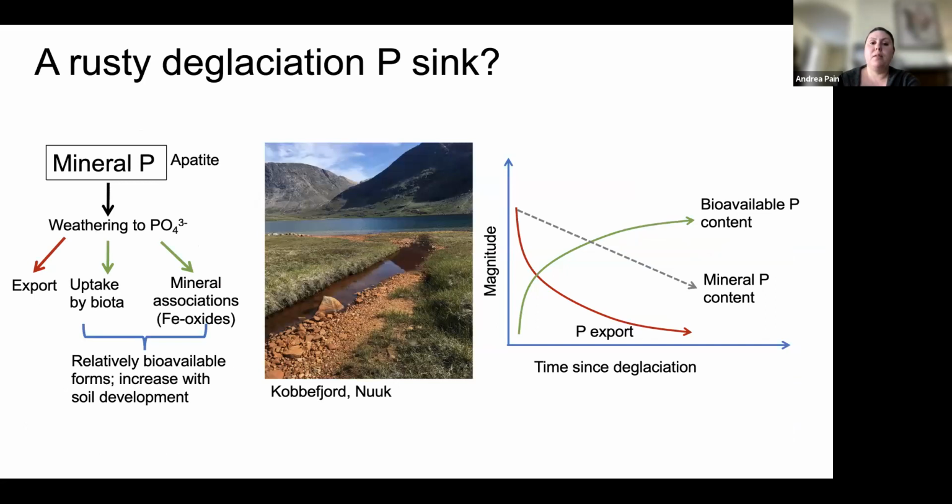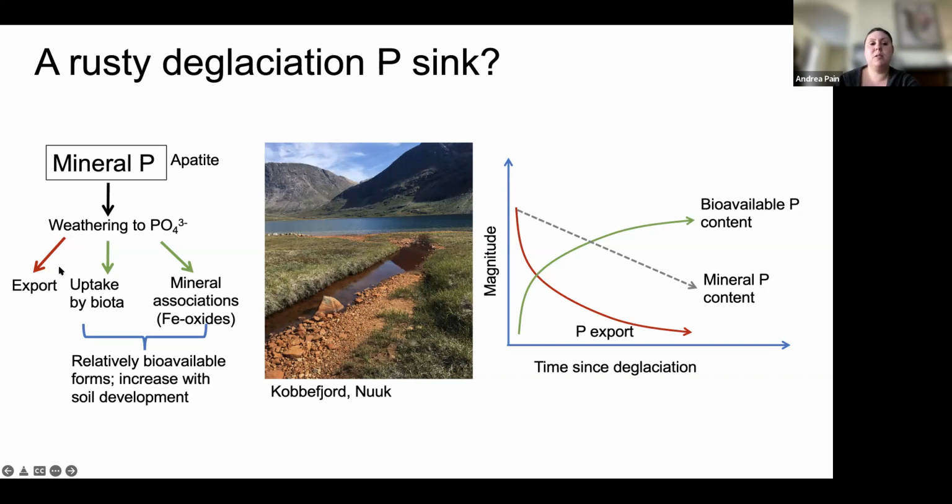So one hypothesis that we could develop in terms of the phosphorus has to do with how we expect inorganic phosphorus and organic phosphorus reservoirs to evolve over time in a post-glacial landscape. So most phosphorus is originally present in the mineral form, which tends to be apatite. In a post-glacial landscape, mineral weathering results in the liberation of this phosphorus to phosphate.